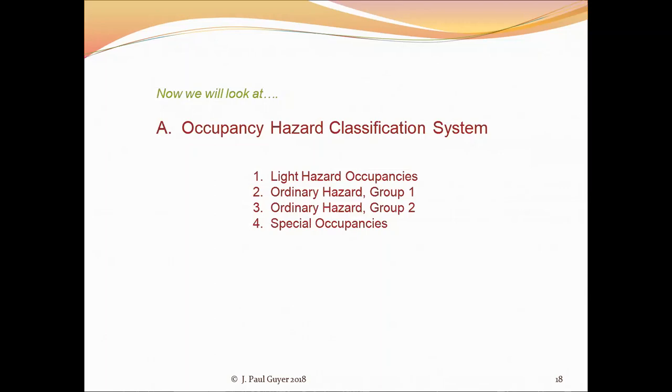Light hazard occupancies, it's not much hazard to the occupants because of the nature of their activities or the construction of the building. Ordinary hazard group 1, a little more hazardous, ordinary hazard group 2, more hazardous, and then special occupancies are significantly hazardous occupancies.